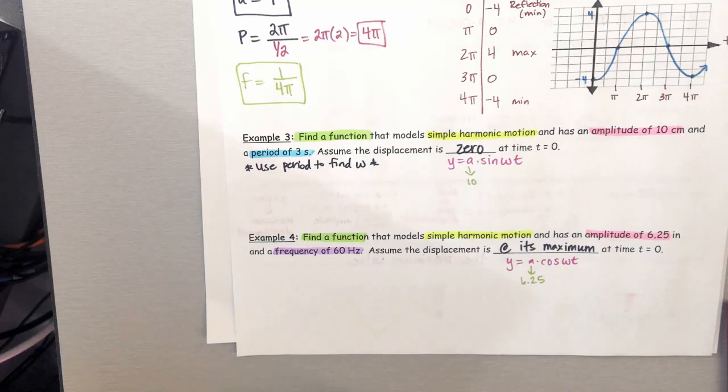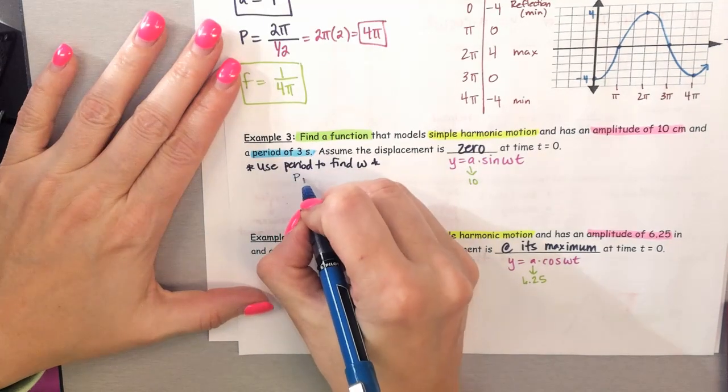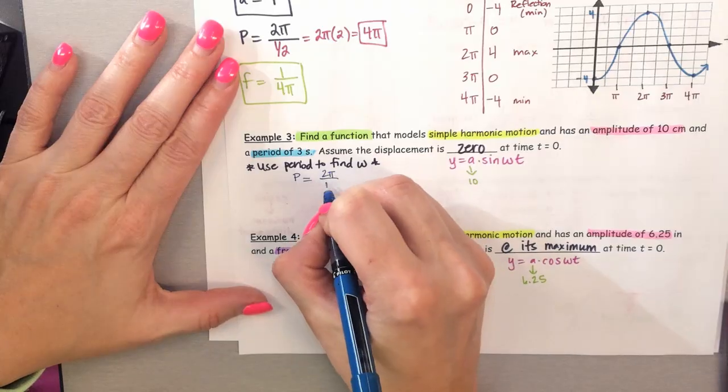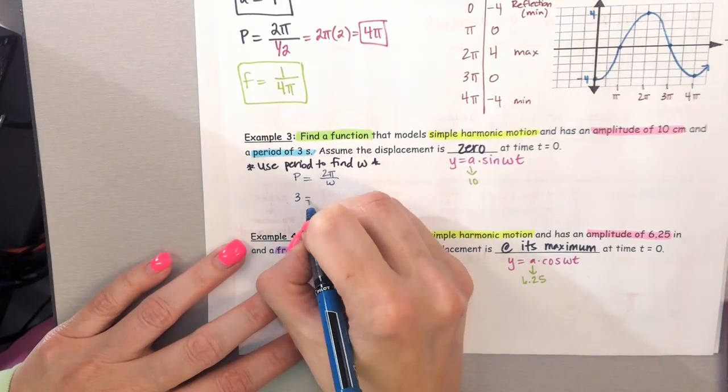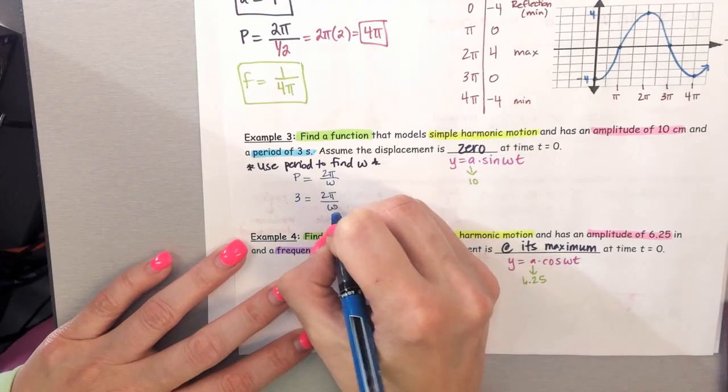If you're having trouble getting started, let's think about what our equation is to find the period. The period is 2 pi over omega, and if you know your period is 3, you can just substitute 3 in, and then you can solve.